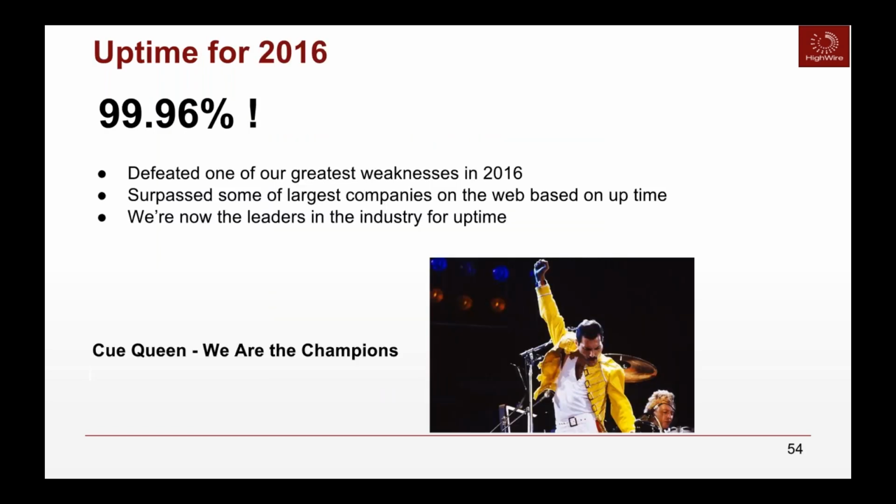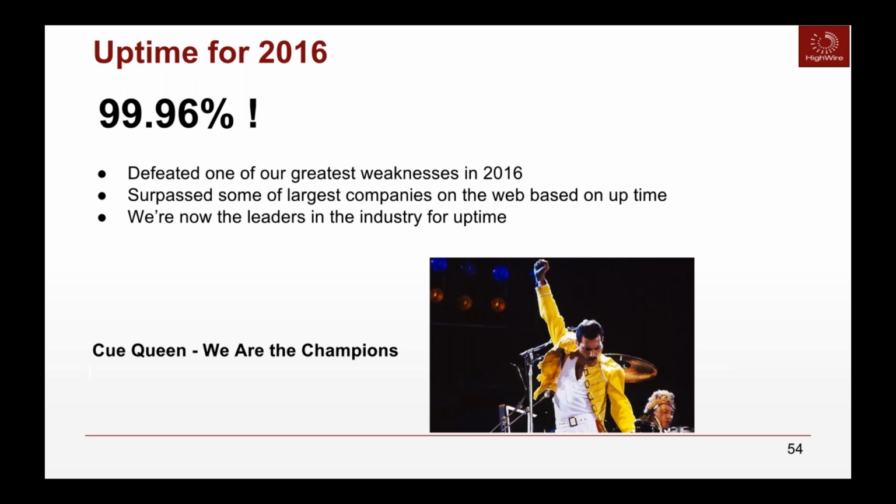So it was 99.96% uptime, which is huge. That puts us above Google Cloud and Amazon's services. It was actually one of our great weaknesses because historically we had downtime that really affected a number of our publishers, especially the larger ones.